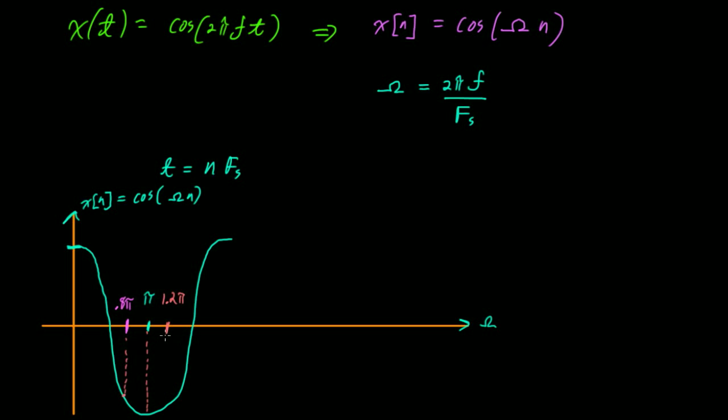So x of n is equal to cosine of 0.8 pi. It's the same as cosine of 1.2 pi. And that's true also if I include any value of n. So that's just like another harmonic, as long as I keep that constant for both of them.